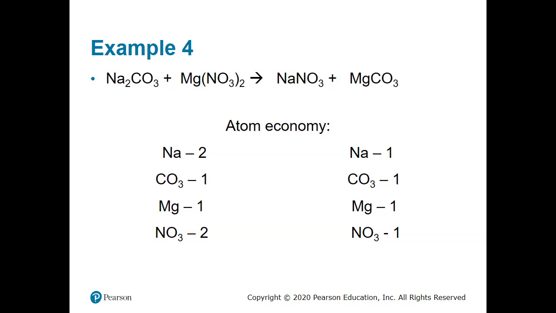Here's another double replacement reaction. Toughest part about this one is just remembering that this subscript of 2 outside the parentheses means that there are 2 of these nitrate ions, 2 of these NO3s. But if we keep it all clustered together, the CO3s together and the NO3s together, instead of separating them out, this becomes a lot easier to do.